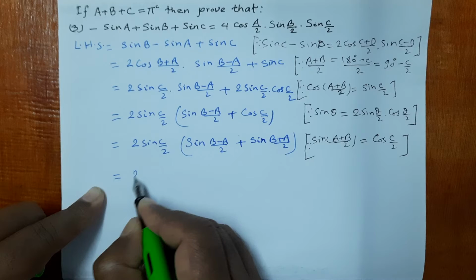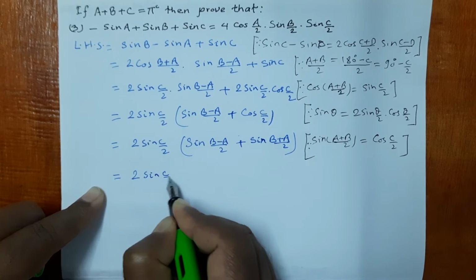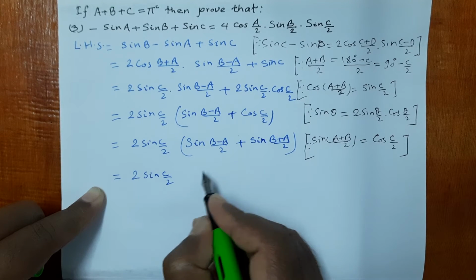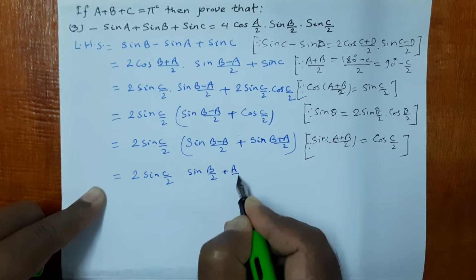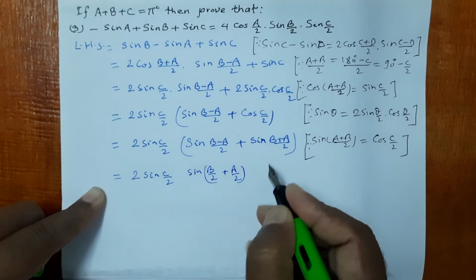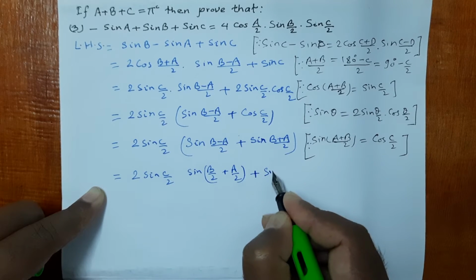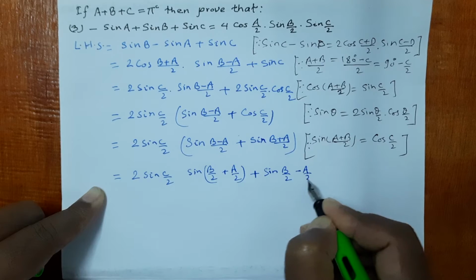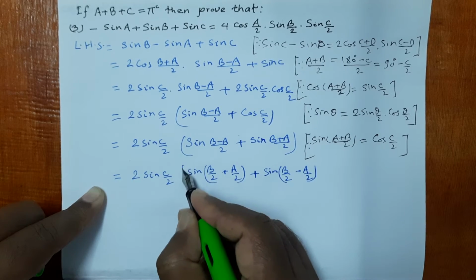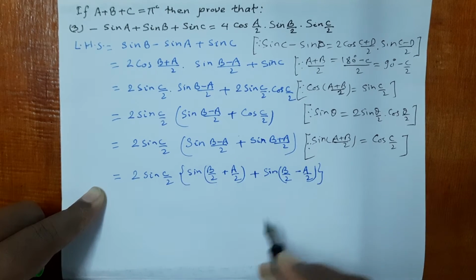So now 2 sine c over 2, and this you can write first, sine b over 2 plus a over 2, and in second place, plus sine b over 2 minus a over 2 enclosed by curly bracket.